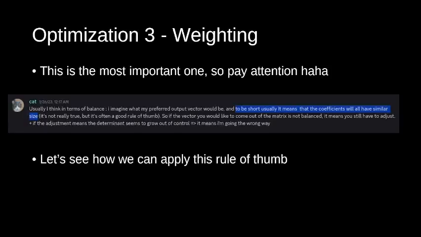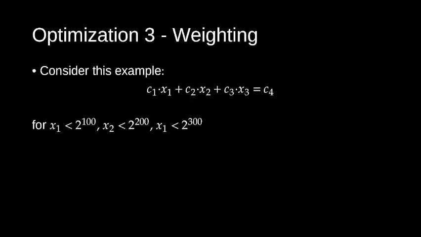So the last optimization, weighting, the most important one. To be short usually means that the coefficients all have similar size. So let's apply this rule of thumb. Consider this example.